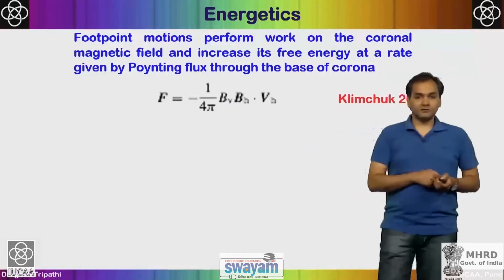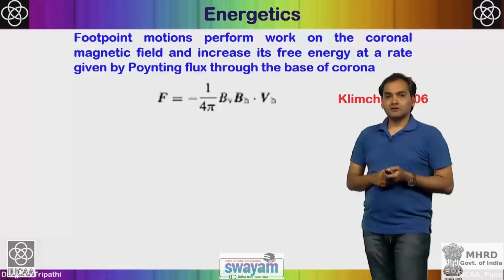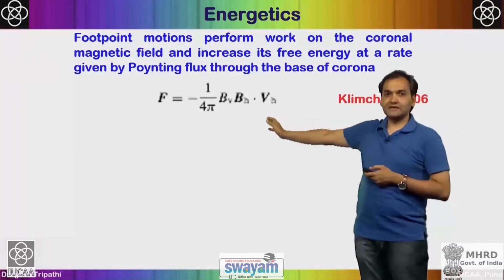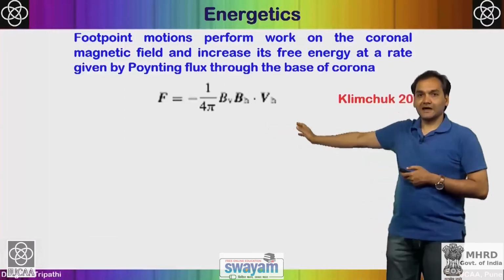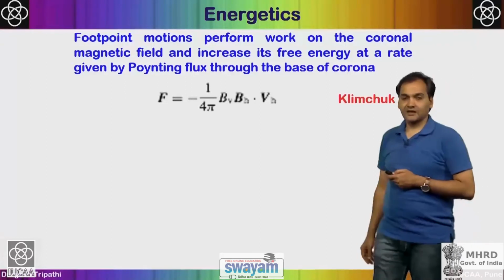Now, if we look at it more quantitatively, the foot point motions perform work on the coronal magnetic field and increase its free energy at a rate given by the Poynting flux through the base of the corona.